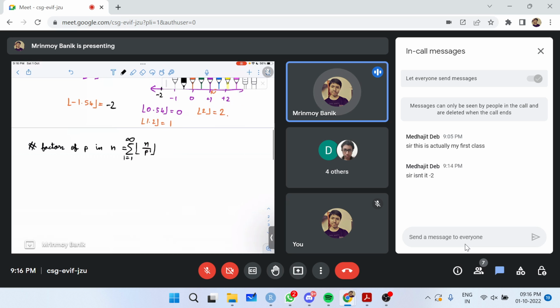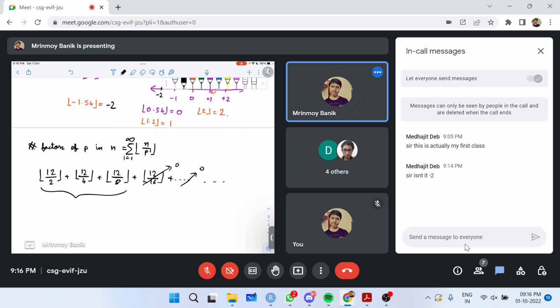So let's see some working examples. So suppose 12. So we want to find the number of prime factors of 2 in 12. So then the expression looks something like this, and so on. But as you can see, after the first three terms, all of them just go to 0.